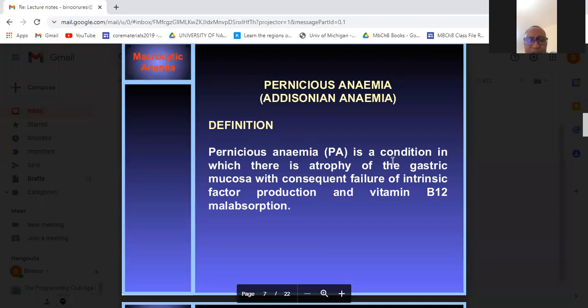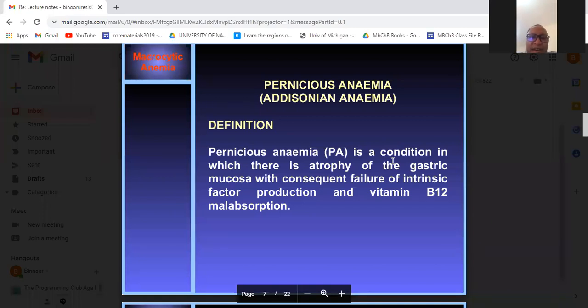That is one of the causes. But you can also have antibodies that are formed against intrinsic factor, meaning that it's being produced, but the antibodies are binding to it, so it's not able to bind to vitamin B12. So those are the two causes of pernicious anemia.